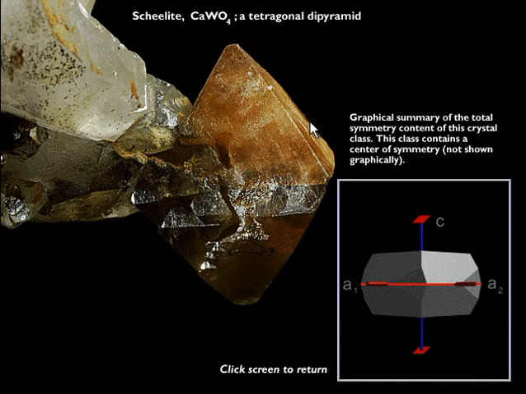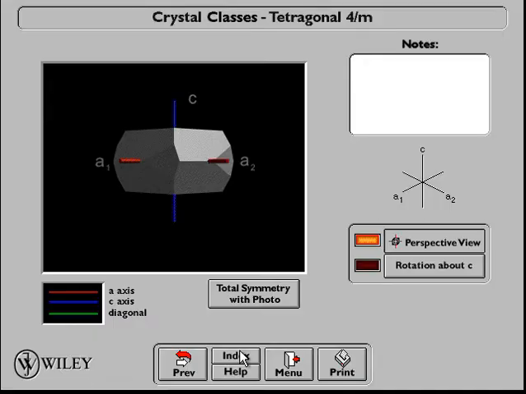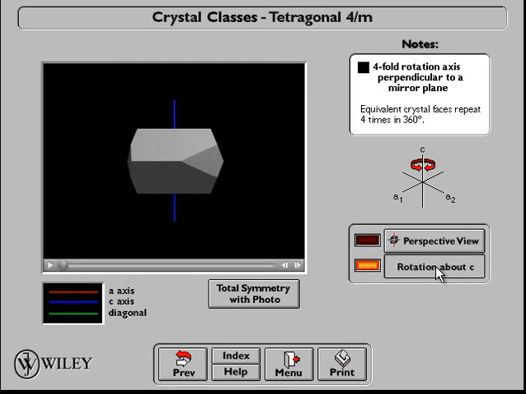This class contains a center of symmetry, as I told you, here in the middle, which is not shown graphically, and here we have the symbol for the fourfold axis, and here we have a mirror plane. And here we are clicking the screen to return. So we are making now a rotation about C. We have here now a fourfold rotation axis perpendicular to the mirror plane.